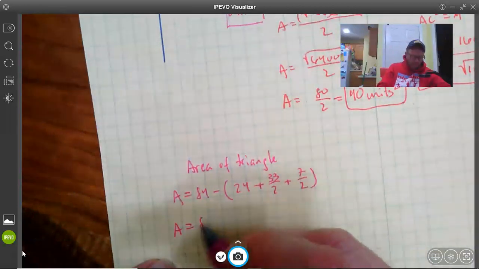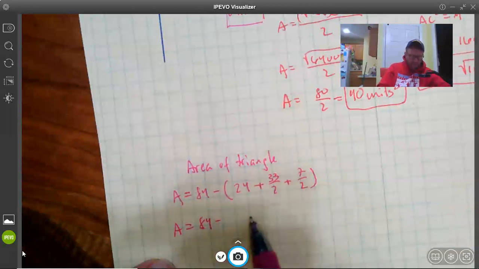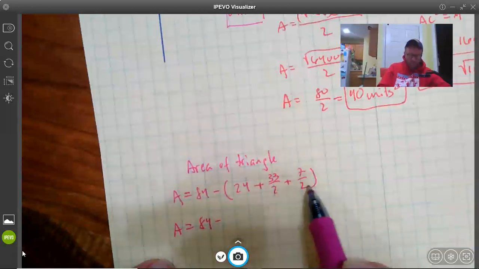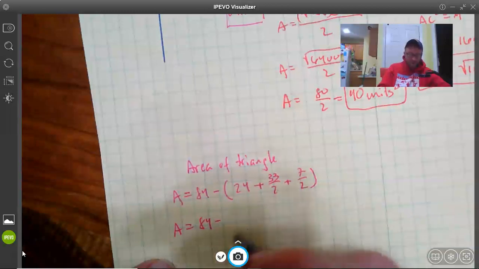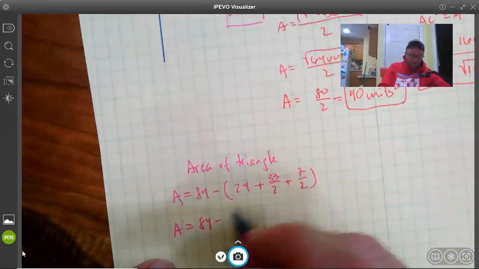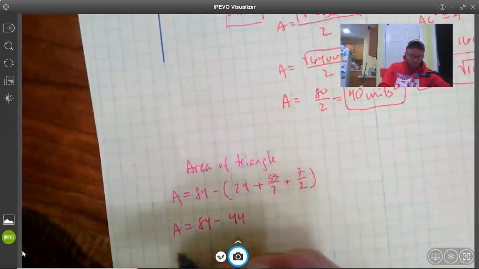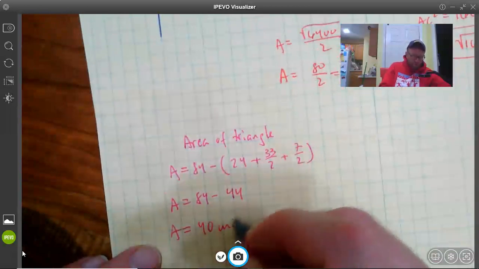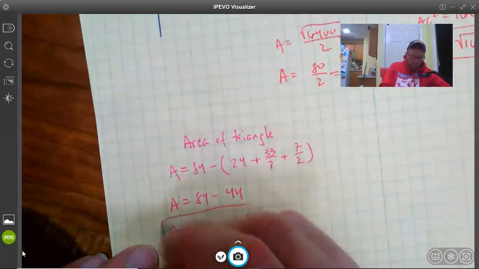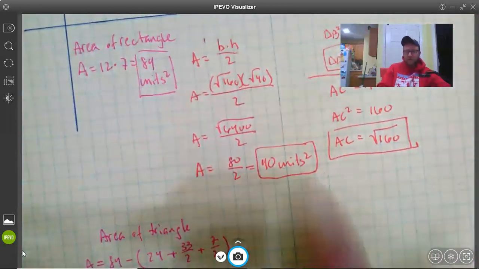So let's see, 84 minus, let's see, 33 halves and 7 halves is 40 halves, that's 20, and 20 and 24 is 44. And 84 minus 44 is 40. Which is the same answer as we got using the other method.